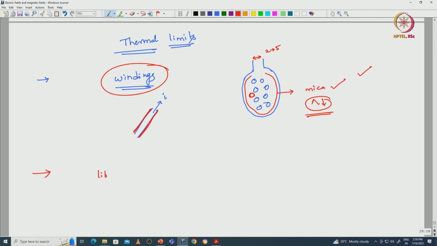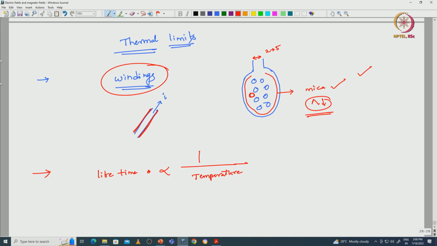The lifetime of the insulation is inversely proportional to the temperature at which we are operating the conductors or insulation.